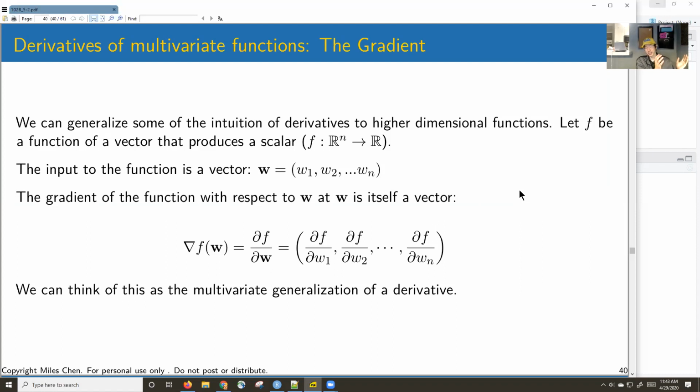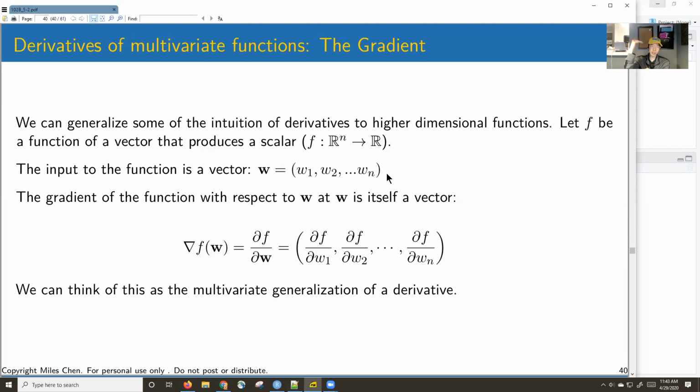In linear regression, you have a vector of weights w. Or even in a neural network, you've got some loss function that takes in a bunch of parameters in n-dimensional space, and then maps it to a single loss value. You go from n-dimensional real space to one real number.